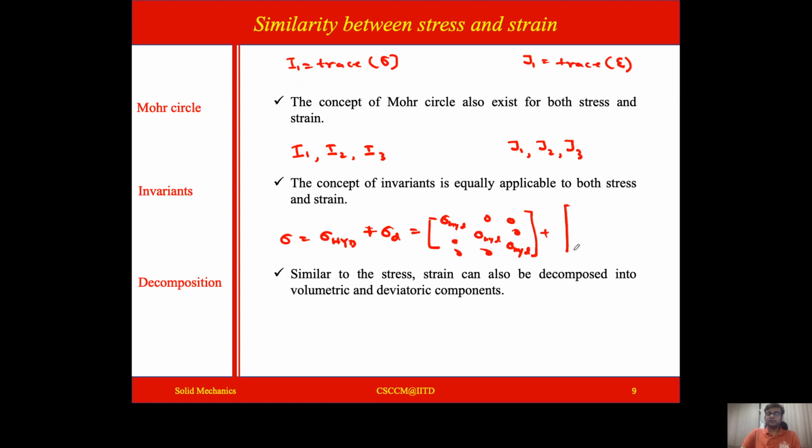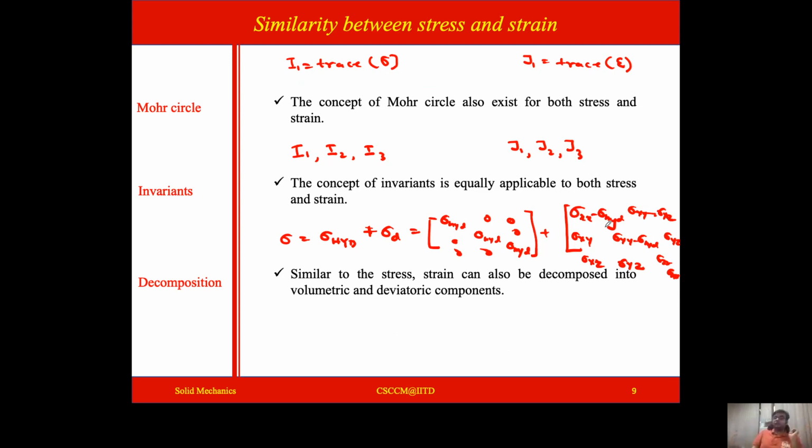And then plus, it was sigma XX minus sigma HYD, and the other components as they are: sigma YY minus sigma HYD, and sigma ZZ minus sigma HYD, and then sigma XY, sigma XZ, sigma YZ. So we could decompose into the hydrostatic stress and deviatoric stress.